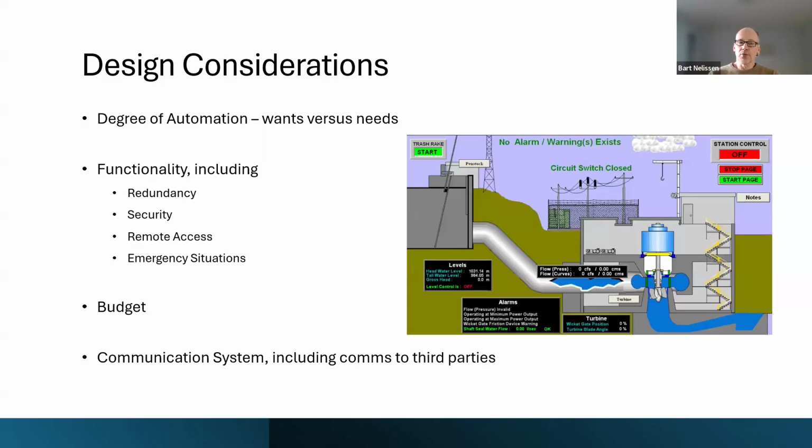Or maybe you can rely on a third-party consultant or your engineer that is out of your municipality, or your engineer that provides support to your SCADA system, or maybe even your regulatory authorities. So those are all considerations that I believe should really be considered early on in the design of a SCADA system.